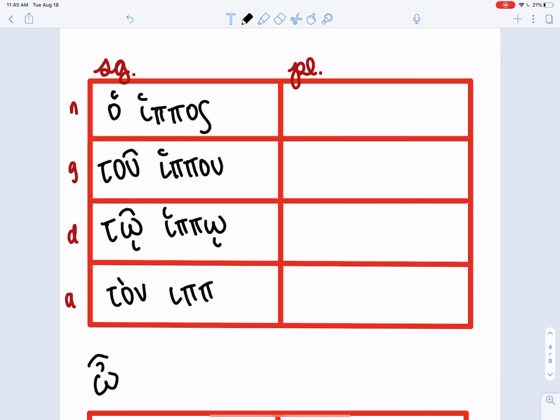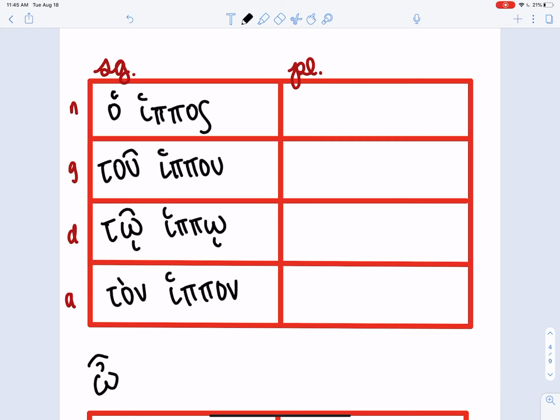So you can see how similar the endings for the noun are to the article, right? When we're saying it out loud, it sounds like you have essentially the same endings, even when they're slightly different.